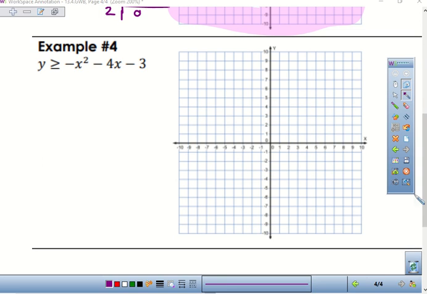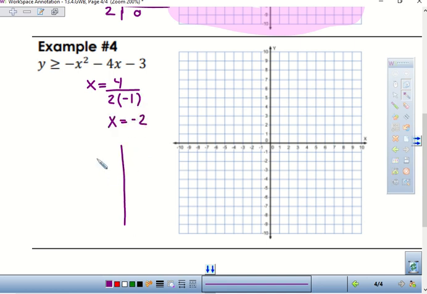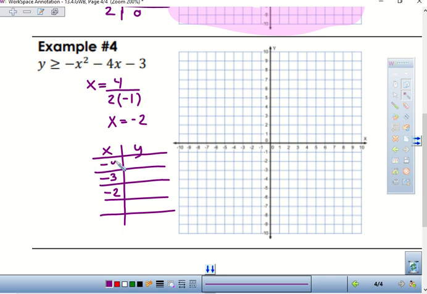Alright. This one here, I start by doing x equals negative b over 2a, which gives me negative 2. That's always going to be the middle of my table. I can then plug negative 2 back in. So when I plug in negative 2, it's going to become squared, so it's going to become positive 4, but then it's going to be negative again.